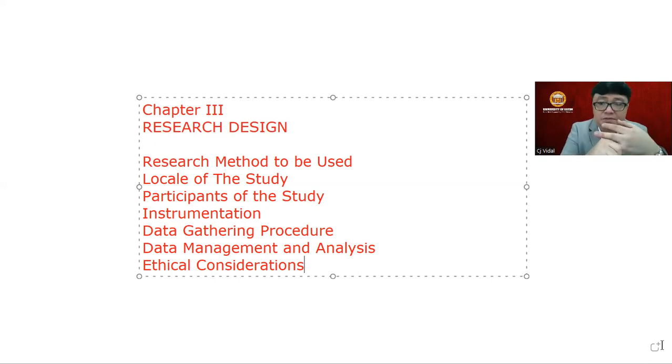Second, we have descriptive. Descriptive, based on the work of Best, is defined as a method that answers the question what is. So it is concerned about the present. It is all about the contemporary events, the present condition or situation. Lastly, we have experimental.